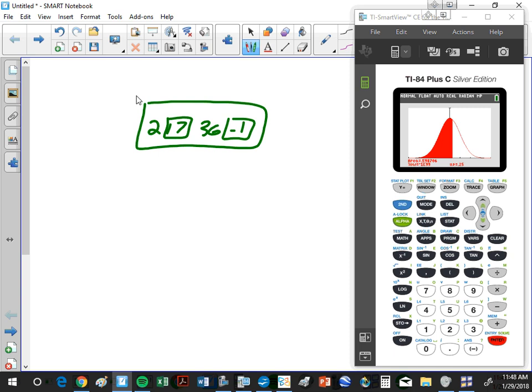So the average of the box is 34 minus 36 over 38. So 2 copies of 17 makes $34. 36 copies of negative 1 makes negative $36.